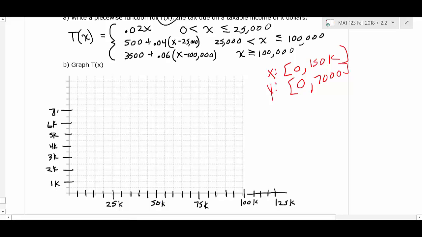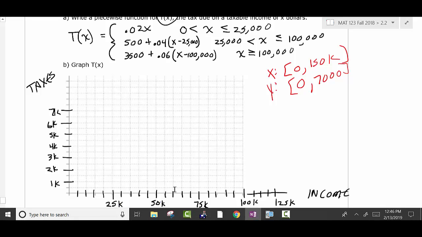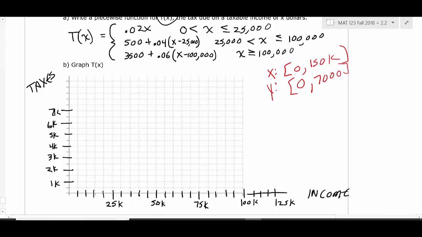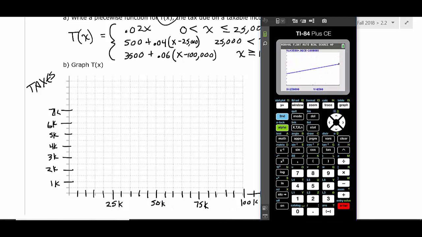All right, so that's how we're going to get everything set up. So this is your income right there, and then this is your taxes. So we're going to create a graph on that. I just picked those numbers because they're pretty logical to me. Now you can do this with me on the calculator if you want to, or you can just watch what I'm doing here.